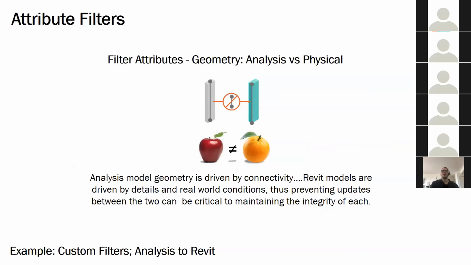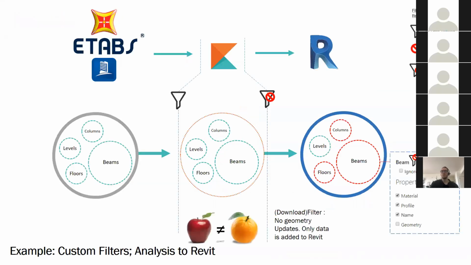Geometry that is connectivity driven, such as analysis, is always focused on just the interconnection between elements. Using a filter, you can emphasize these particular conditions, such as just give me the line with the material, the property, and name, and not the geometry. So only the data can be updated into a specific element and not the geometry itself.